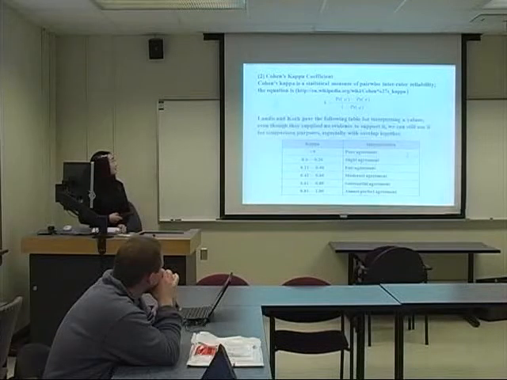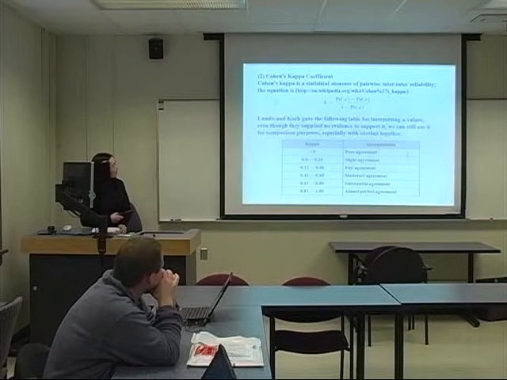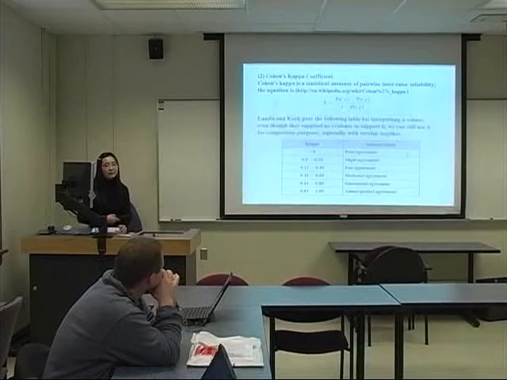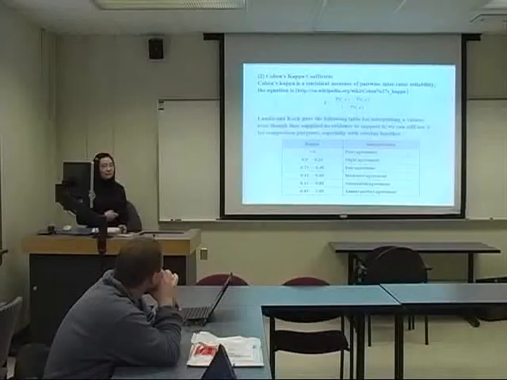The second one is the Cohen's kappa coefficient. This table lists the interpretation of kappa values. Though no evidence has been given to support this interpretation, we can still use it for comparison purposes, especially when we use it together with the overlap coefficient.